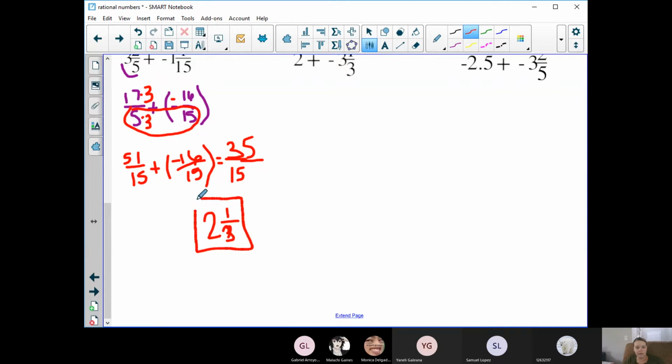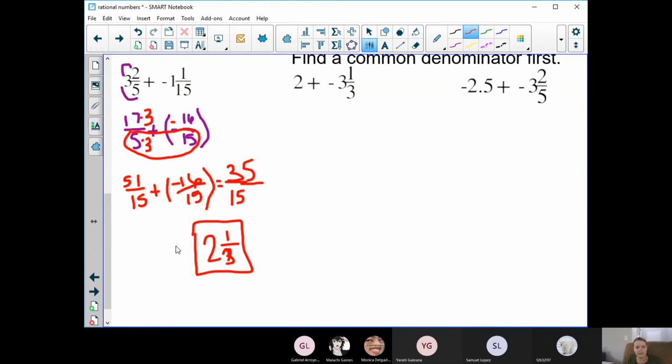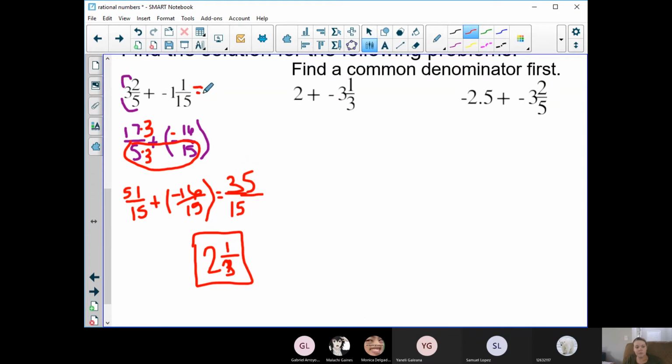So 2 and 1/3 is the answer to this problem right here. Any questions about how I got my improper fraction on this one and on this one? Okay. Any questions about how I found the least common denominator?